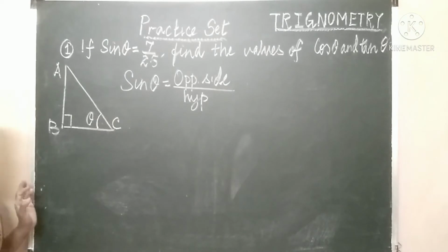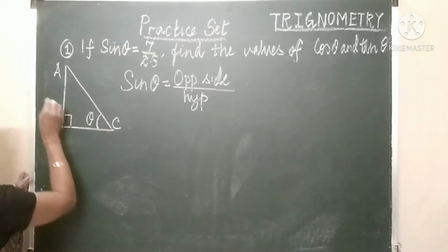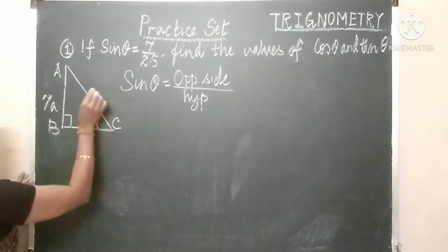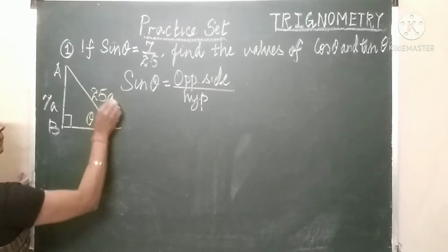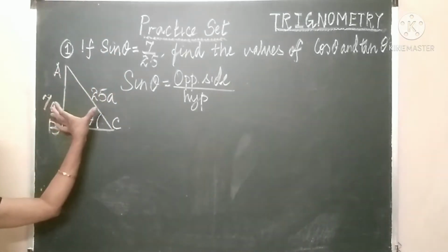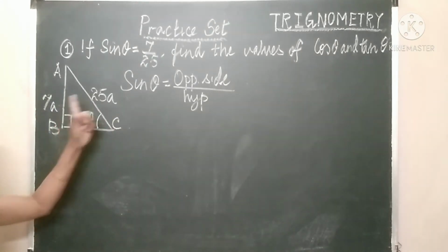actually the values of AB and AC will be 7a and the hypotenuse will be 25a. Ratio is converted into actual lengths by assigning variables to it.